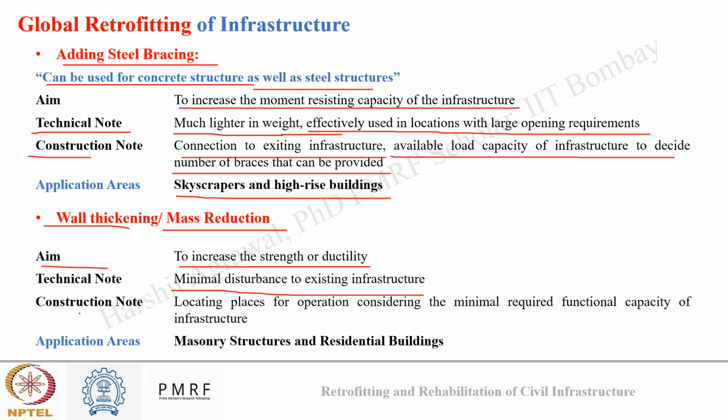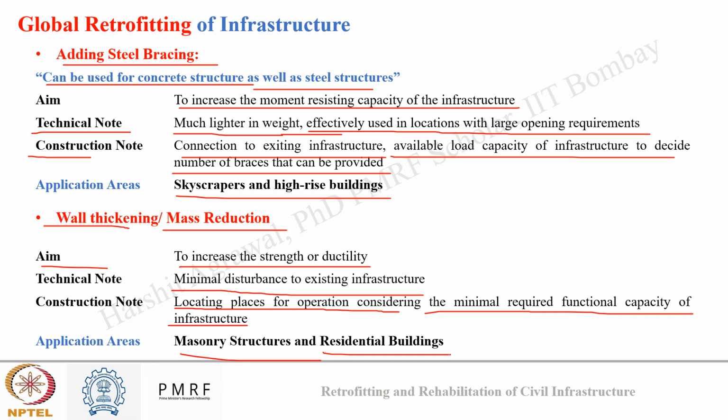While using these techniques, one must keep in mind locating the places for operation such that it has minimum effect on the functional capacity of the infrastructure. So these things need to be taken care of while choosing this technique, and it mainly finds its application in masonry structures and residential buildings.